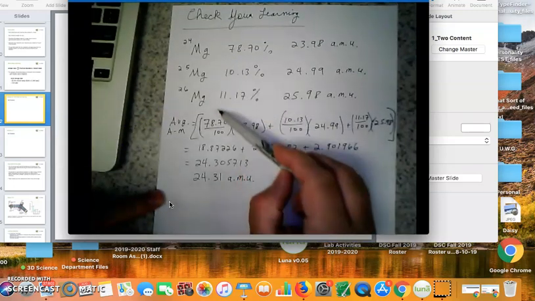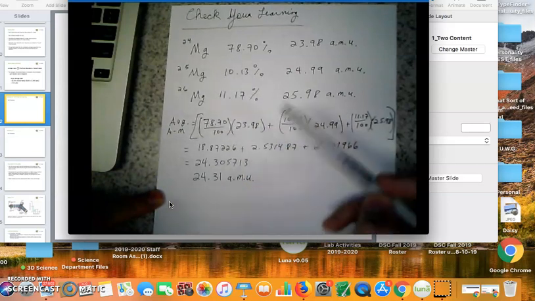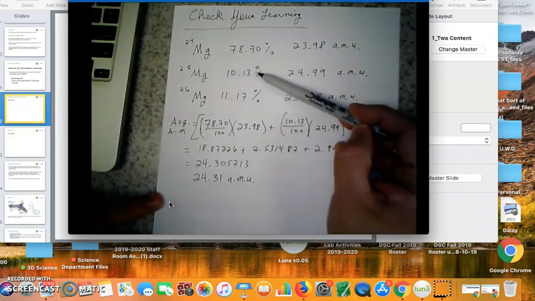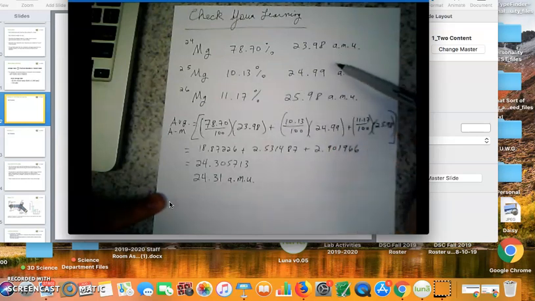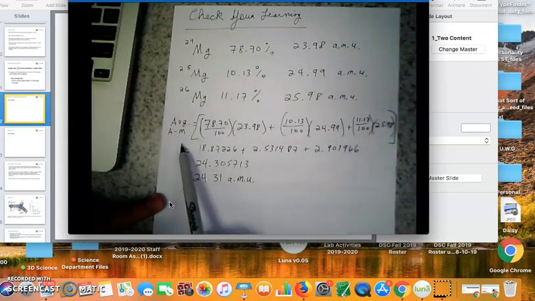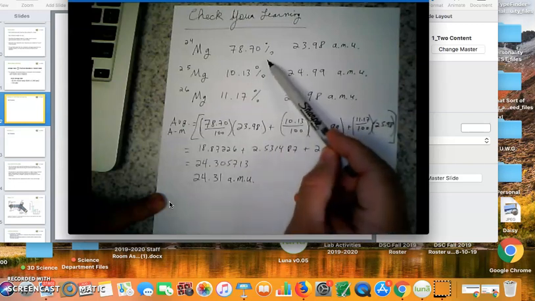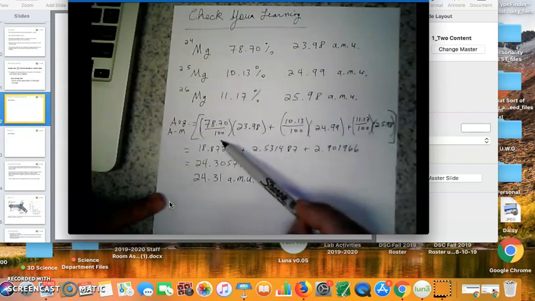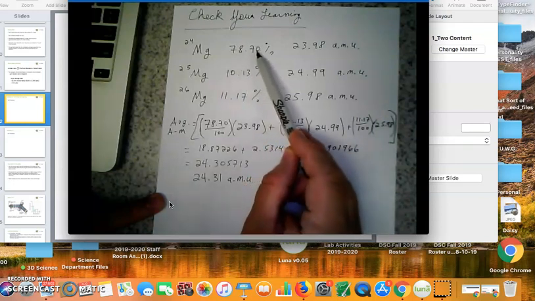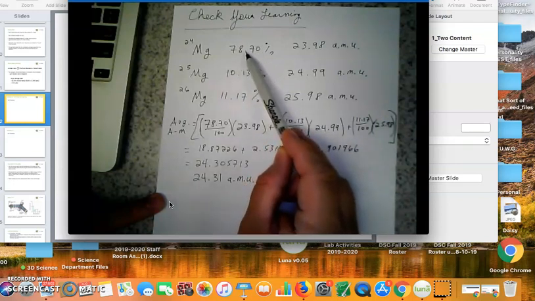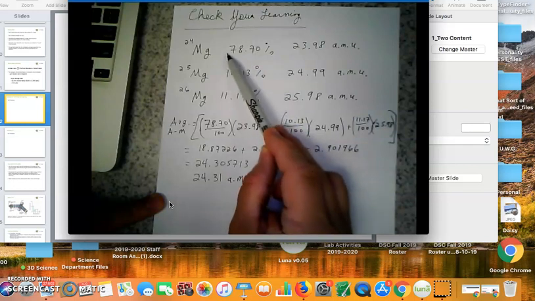Here we're given 3 different isotopes for magnesium and their average percent abundance for the isotope and the masses for each isotope. And so we set up our average atomic mass just like we did before. We take our percent abundance, divide that by 100, or again, if you want to use a quick way, you can write it out as 0.7870 by just taking the decimal point and moving it 2 places to the left.